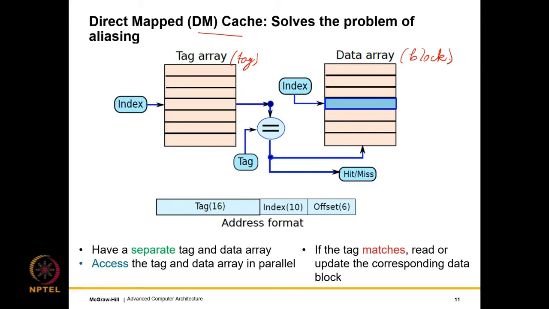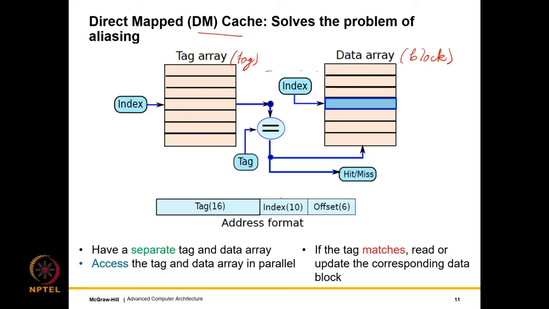How these arrays are created? Well, that is a subject of future study in the next subsection when we will discuss SRAM and CAM arrays. But let us bear in mind that we have two arrays in a cache. One is the tag array, the other is the data array. And of course they have the same number of entries with a one-to-one correspondence.